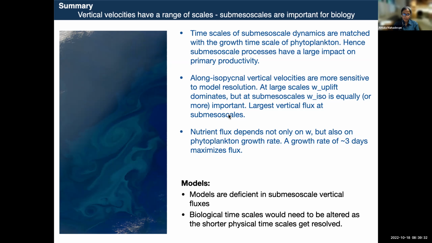That's a comment. The question I have is, you showed a very nice part towards the end of the talk where the W isopycnal becomes more and more important as you go towards submesoscales and finer resolution models. From my first comment, and from what you showed earlier in the talk, we know that the downwelling velocities are strongly correlated with the cyclonic vorticity at submesoscales.